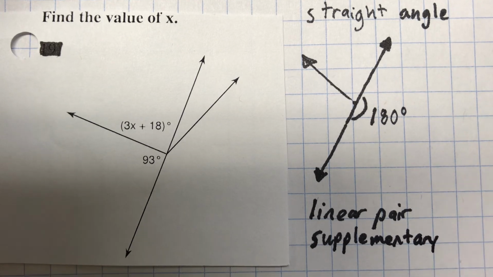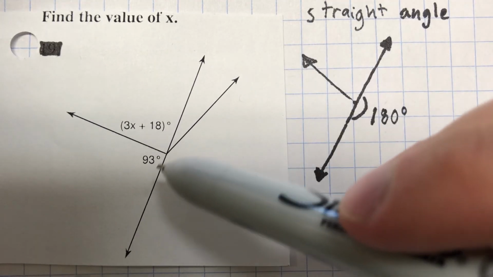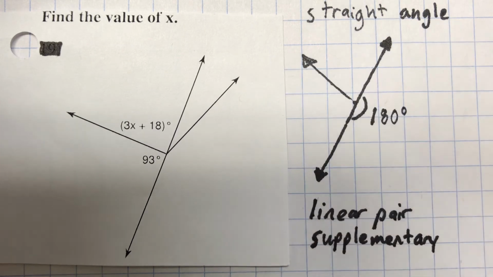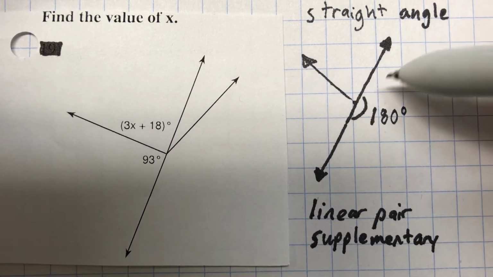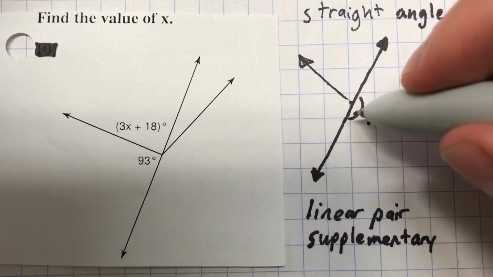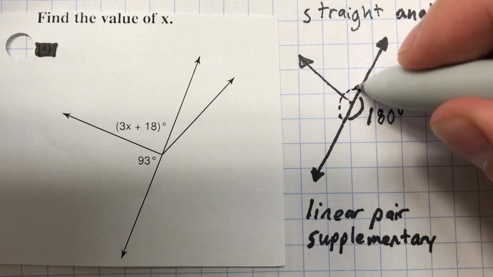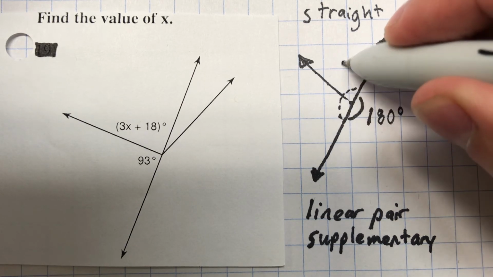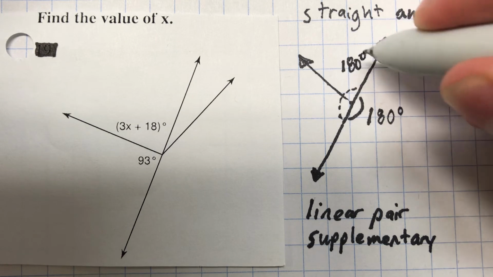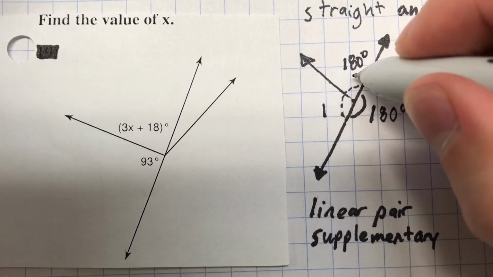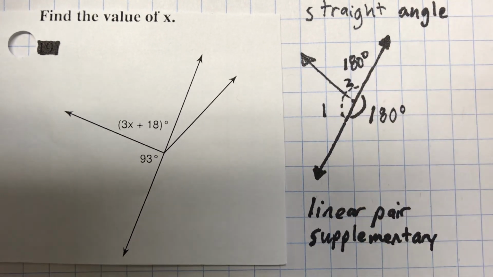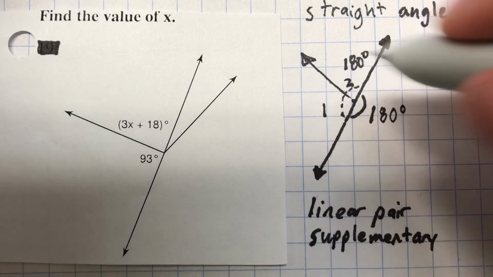And supplementary angles are angles so that their sum, you just add them together, equals 180 degrees. And that makes sense because if one side's 180, then the whole other side would also be 180. Which means this angle here, I'll call it 1, and this angle here, I'll call it 2. 1 plus 2 has to be 180.